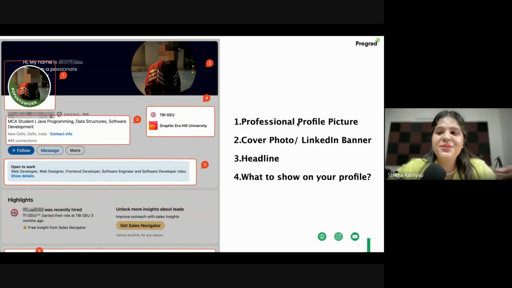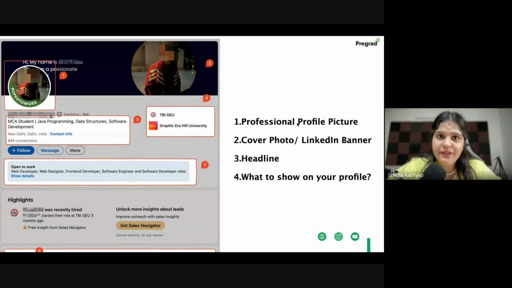You just have to use 2, 3 links where you are going to put your photograph, remove background, step one, step two, go to Canva, get a gradient background for your photograph, and you're done. So that's how you create the first thing, which is professional profile picture.